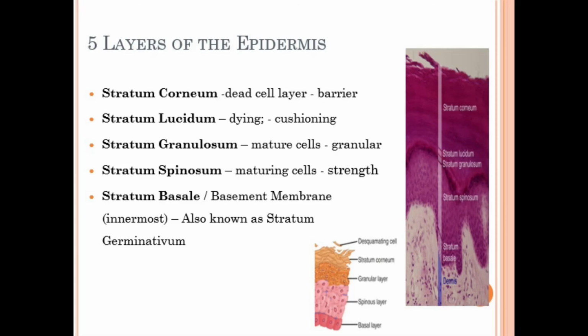When underlying cells push the stratum spinosum, it becomes stratum granulosum. Stratum granulosum moves outside and becomes stratum lucidum because the cells are dying now, and finally stratum corneum, which is filled with keratin, a protein which provides the color and hardness of the skin. Okay? Keratin is the same protein present in our nails and hair.